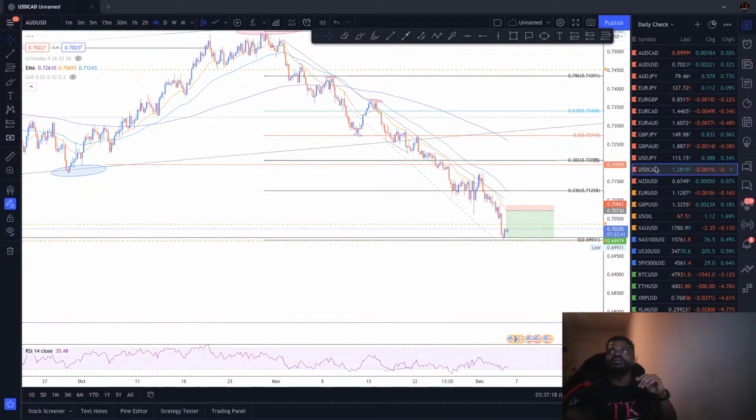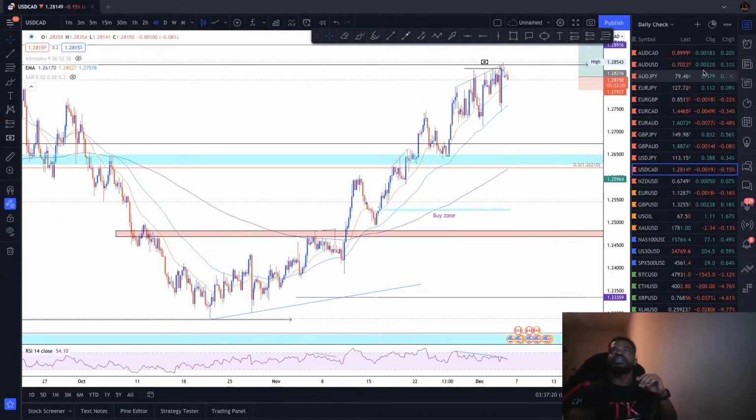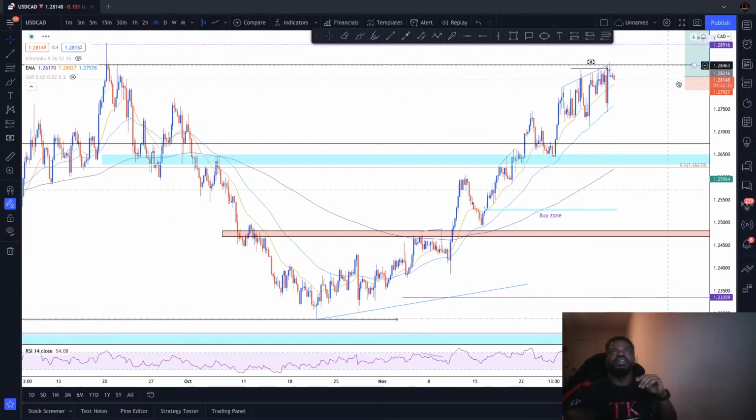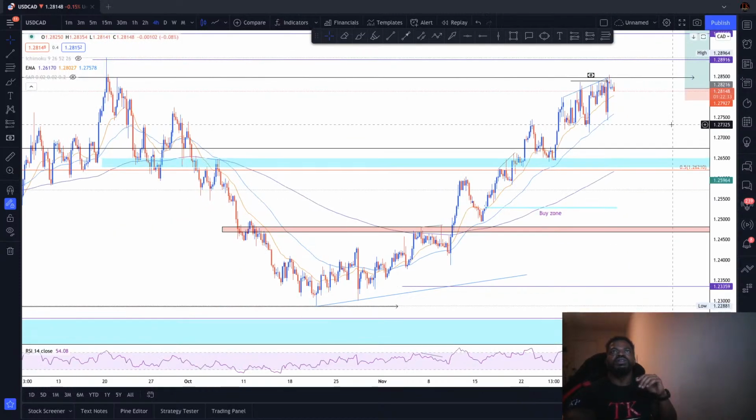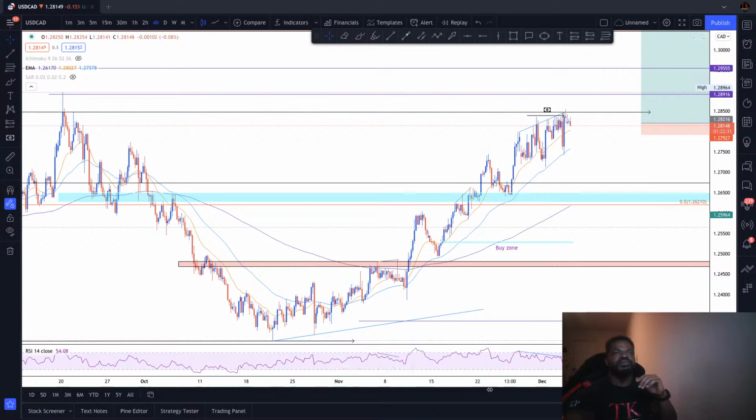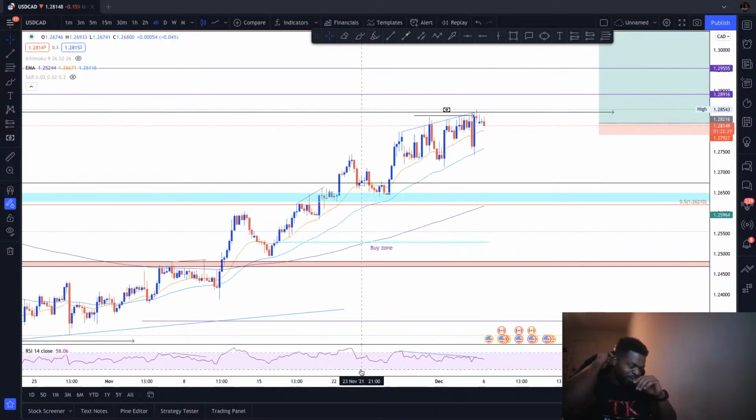Next one we looked at was USD CAD. We entered in the sale last week. I'm sorry, we entered in a buy last week after this support level here was retested.